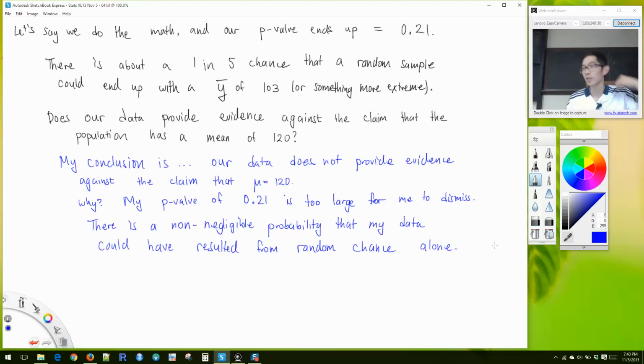So I'll let this sink in for a little bit. The random chance comes from the random sampling aspect, okay?